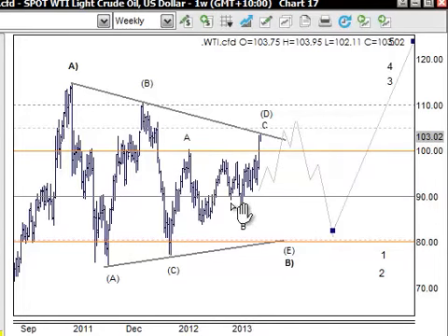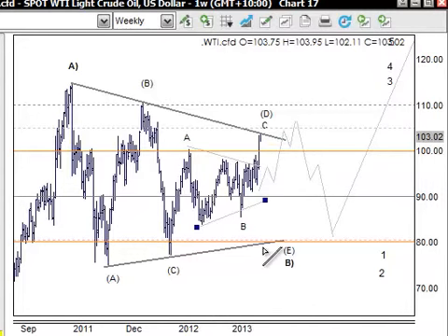Okay, so one of the things in here is that we're in this triangle here, but we've also got a triangle in here as well through here. So that's why, from the B wave, we're looking for 5 waves up for the C wave here.